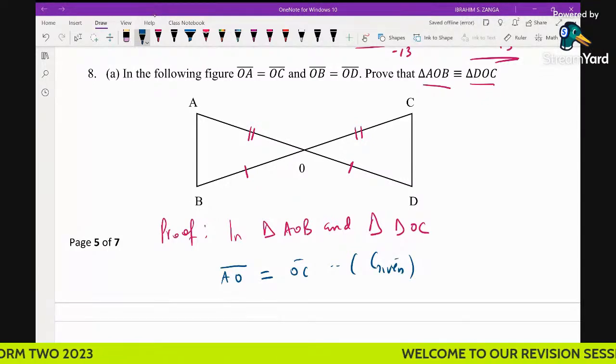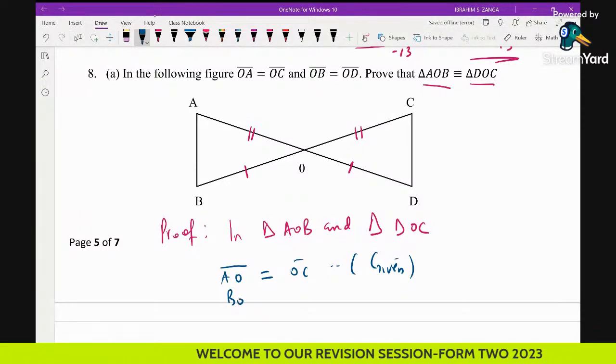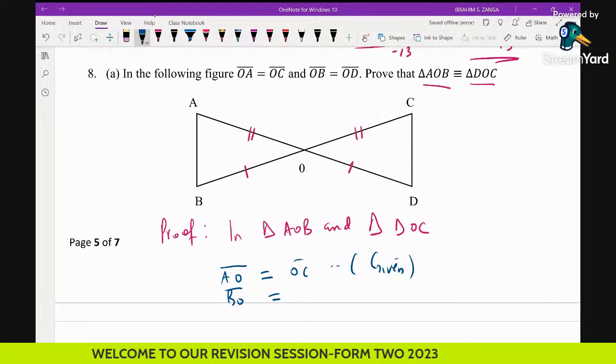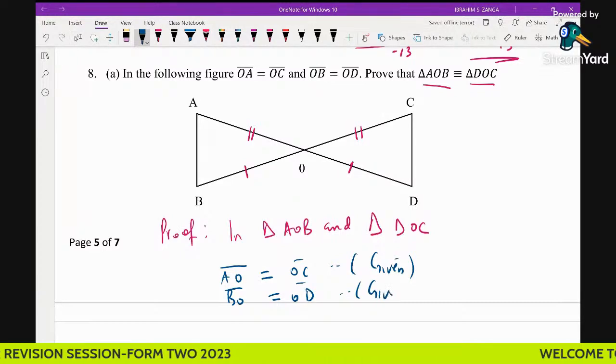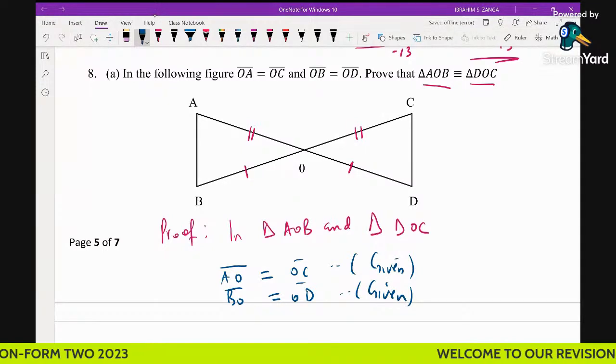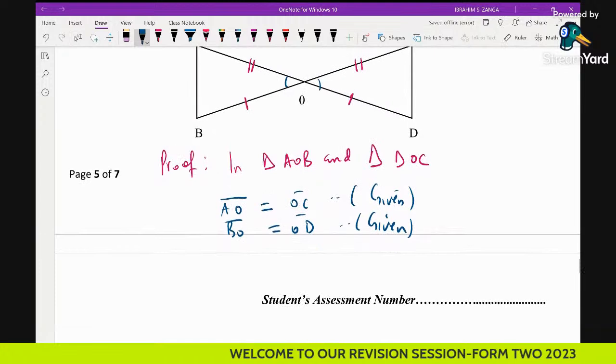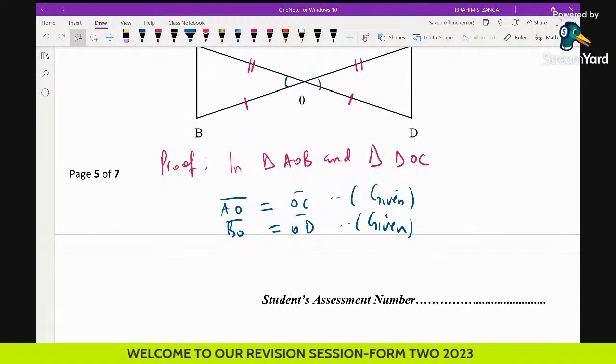But also we have BO equals OD. Again, this is given. And we have these angles here. They are equal. They are vertically opposite angles.